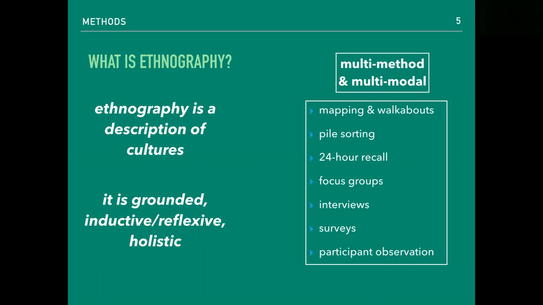In that sense, we call it multi-method and multimodal. You use different methods and there are different ways of really understanding what's going on. The goal is to create a better, more holistic picture of what is happening either with your client or in any different scenario, situation, or particular culture that you're studying.